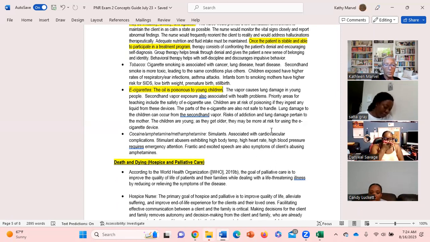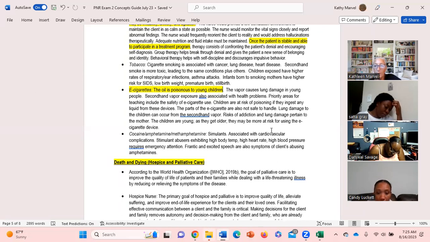Okay, let's get into the hospice and palliative care. According to the WHO, what is the goal? The goal of palliative care is simply trying to improve the quality, not the quantity, of life. And of course, hospice is end of life care, right?